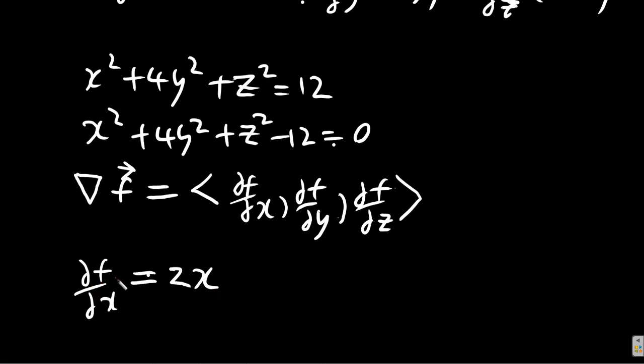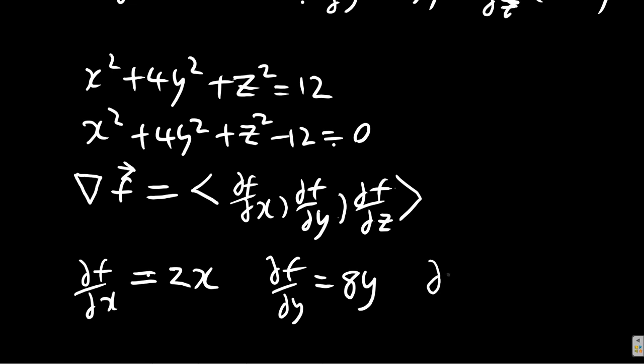What is the partial derivative of f with respect to y? Well, here, x squared will go to 0, because we're treating x as if it is a constant for the time being. For the 4y squared part, 2 times 4 is 8, so this is 8y. Then z squared will be 0, because z is a constant for now. Negative 12, of course, 0.